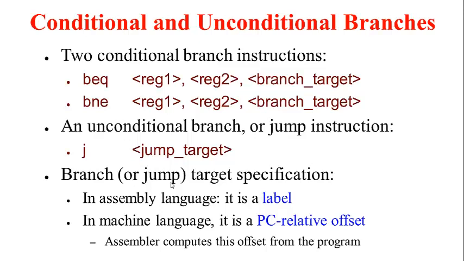During this conversion from assembly language to machine language, the label gets specified as a PC relative offset. We will look at this in more detail when we learn about instruction encoding. It is one of the jobs of the assembler to compute the PC relative offset from the label. This is part of the translation of the assembly language to the machine language.